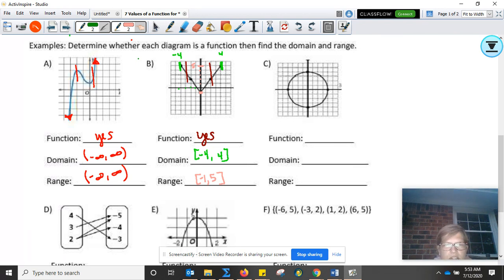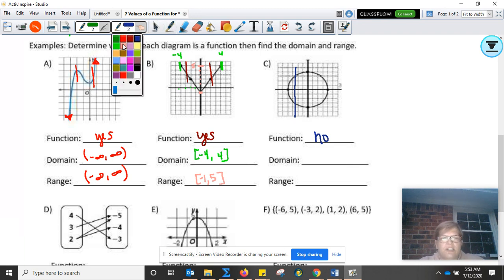Okay. So for C, if we do the vertical line test, will it cross through that graph more than once? Let's check. Oh, so nope, that's not a function. Okay, now for your domain, that's your x values. Then ask yourself the question, are those x values included? Do we know where the endpoints are?